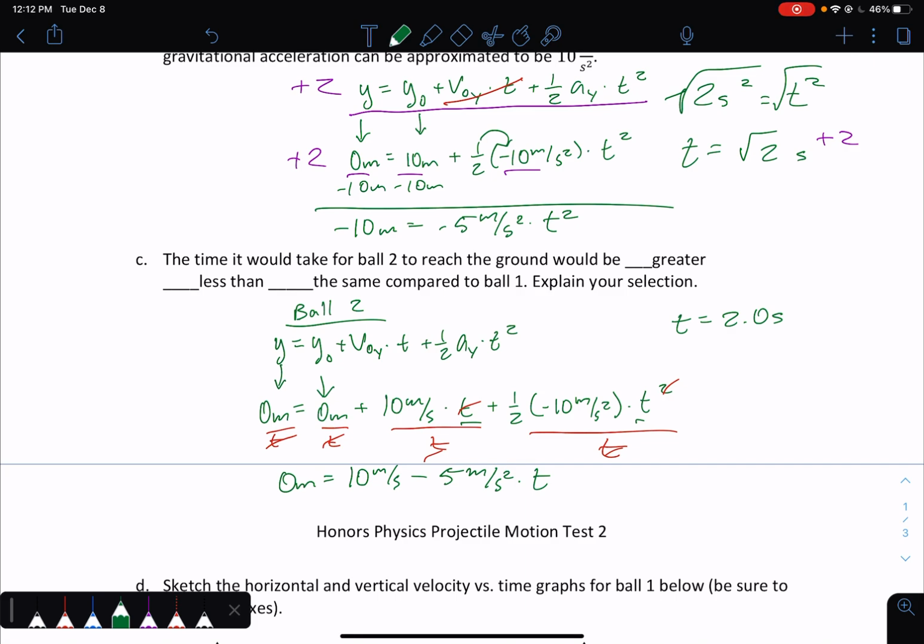And that's got to be greater than the fall time for ball 1. Now you could have also thought about it like this. Ball 2 is shot up into the air at 10 meters per second, and its acceleration is negative 10 meters per second per second. So each second you do this to that. So at 1 second, my velocity is 0.